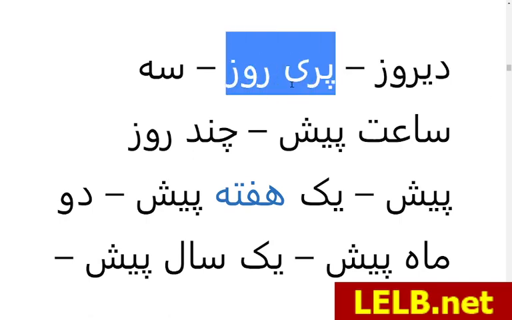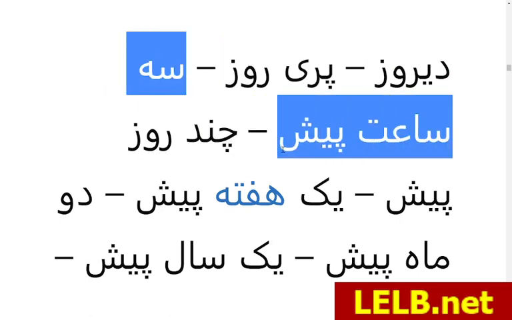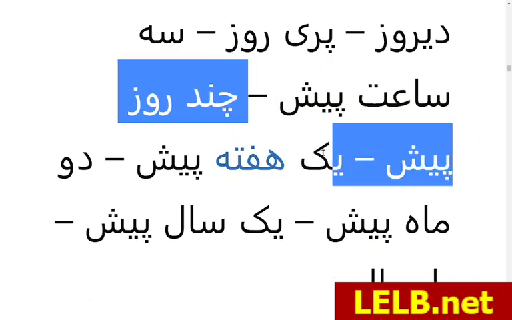So these are the most commonly used adverbs. دیروز means yesterday. دیروز. پریروز, the day before yesterday. 3 ساعت پیش, 3 hours ago. چند روز پیش, several days ago, a couple of days ago.